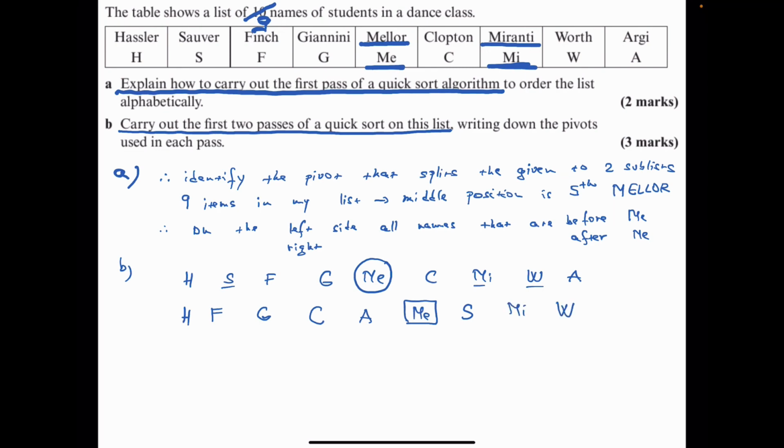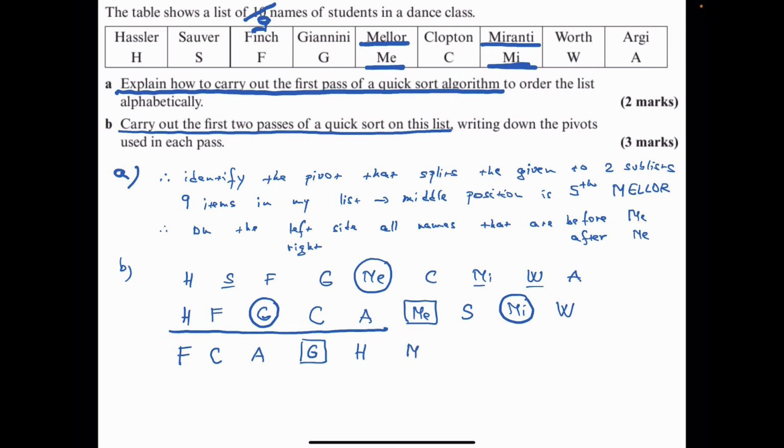Now the second pass would come from this pivot and then this pivot. Okay, so first I'm doing this part: the letters that come before G are F, definitely, then C and A, but H comes after G, right after.